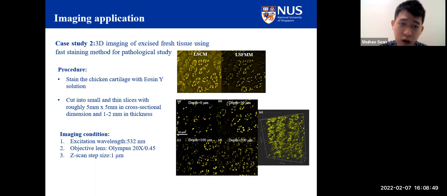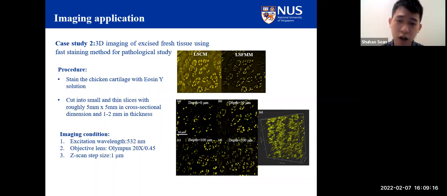You must have a device to hold the mouse in a live state. For this setup, you need to do your own customization to hold the mouse under the microscope objective lens, and this is another thing to design.